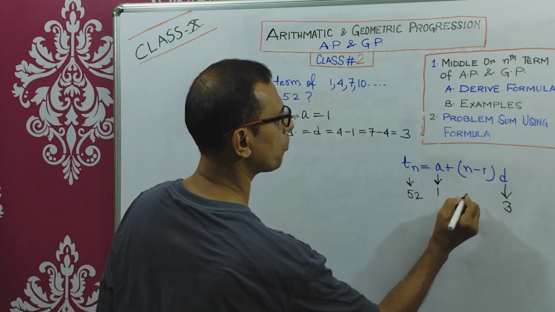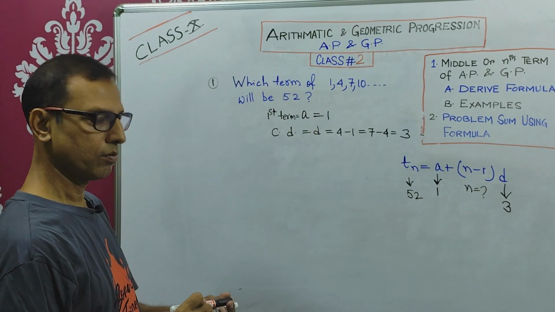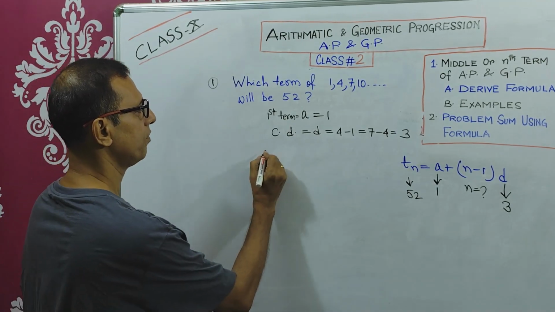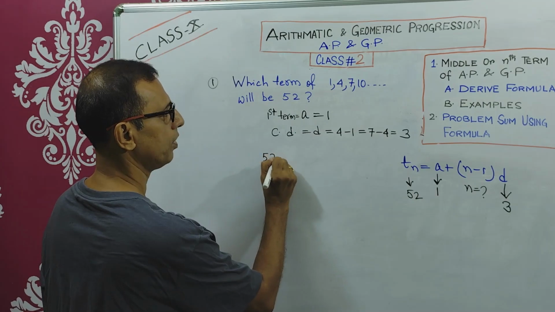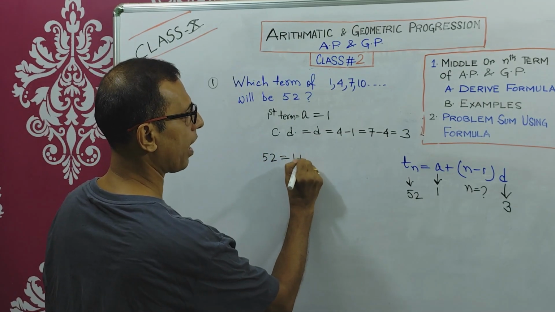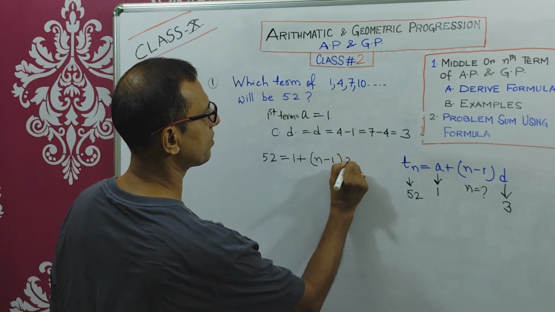Now you need to find out what is n. What is the value of n? How will we do it? 52 equals 1, A is 1, plus n minus 1 into D, the value is 3.